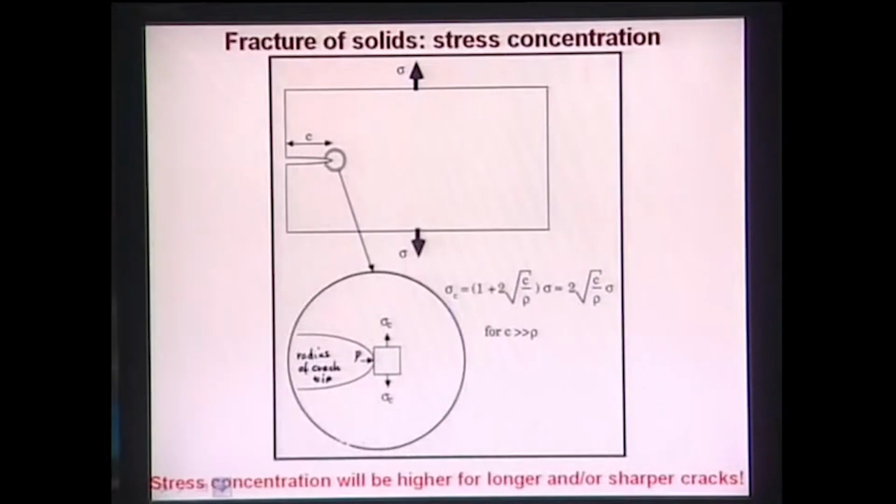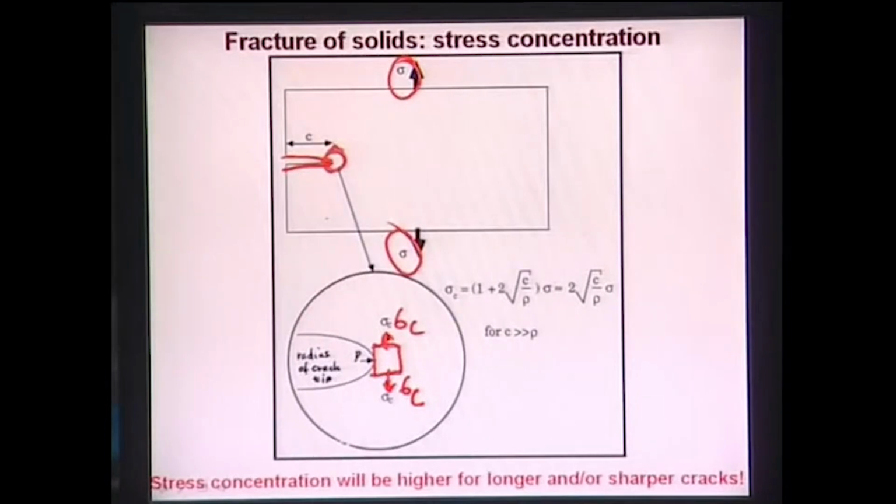Now another reason why fracture takes place in brittle solids more easily than in metals. In the brittle solids, let's take an example of a rectangular block which has an edge crack, and ahead of the edge crack you have a region where any volume element, let's say this is a volume element, will experience the stress which is sigma c, and this sigma c will be much larger than what you are actually applying externally, which is the nominal stress sigma.